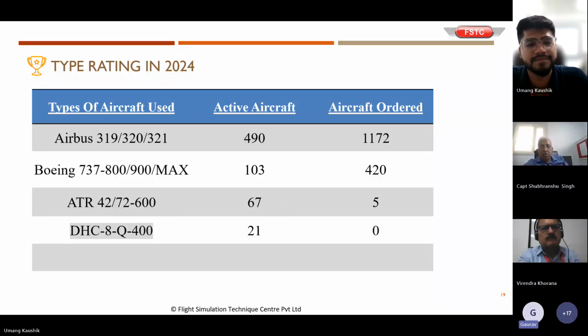My question is related to Captain Samant's point, where he pointed out that going for a type rating for ATR aircraft is a good option. However, are there any chances for new pilots to start their career with ATR aircraft and eventually transition to the jets or bigger aircraft flying longer routes?